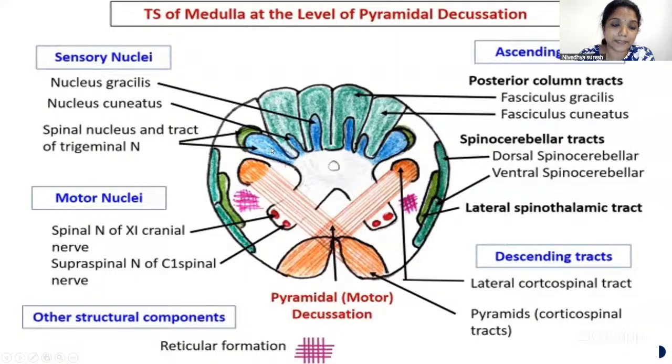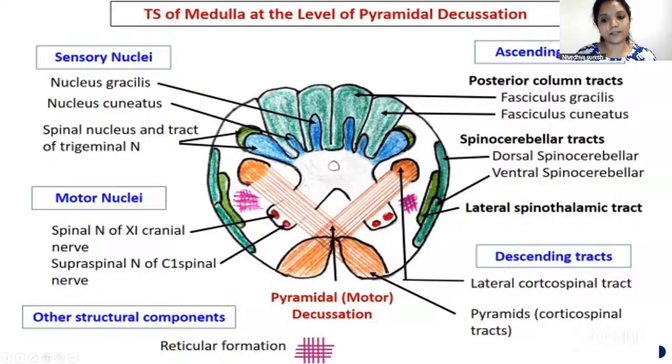This is the spinal nucleus, and above it the capping is called the tract of the trigeminal nucleus. And again the fasciculus gracilis and fasciculus cuneatus, and these are the ascending tracts. And this lateral corticospinal tract is a descending tract.